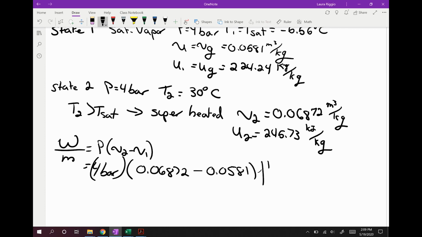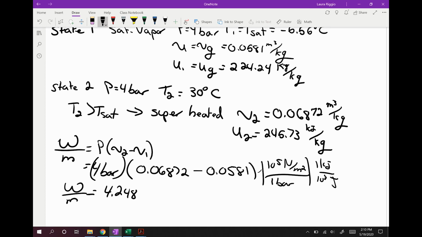Let me correct my units. I'm going to wind up with my work being equal to 4.248 kilojoules per kilogram.